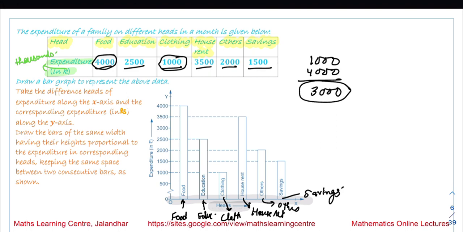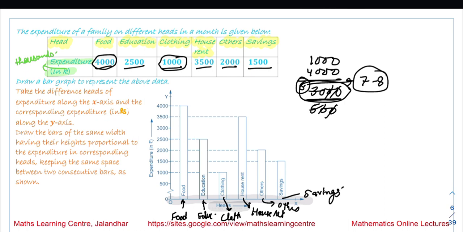How many units can we mark? If we mark at a distance of 500, we get 6 units. We have to mark 6, then 0 will be there and one more unit. So 7 or 8 units we have to mark.